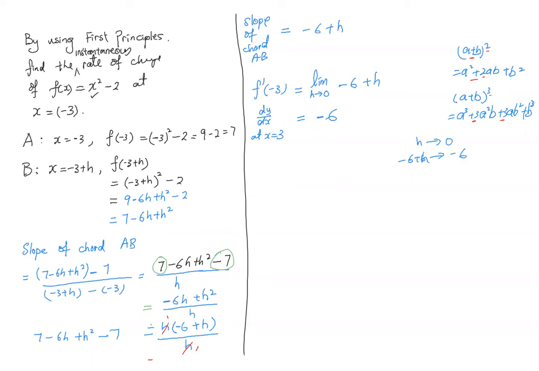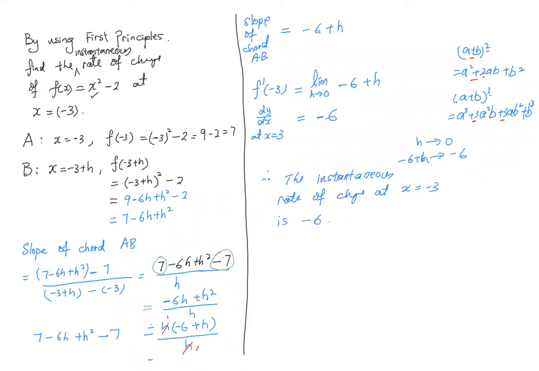So therefore, the instantaneous rate of change at x equal to negative 3 is negative 6.